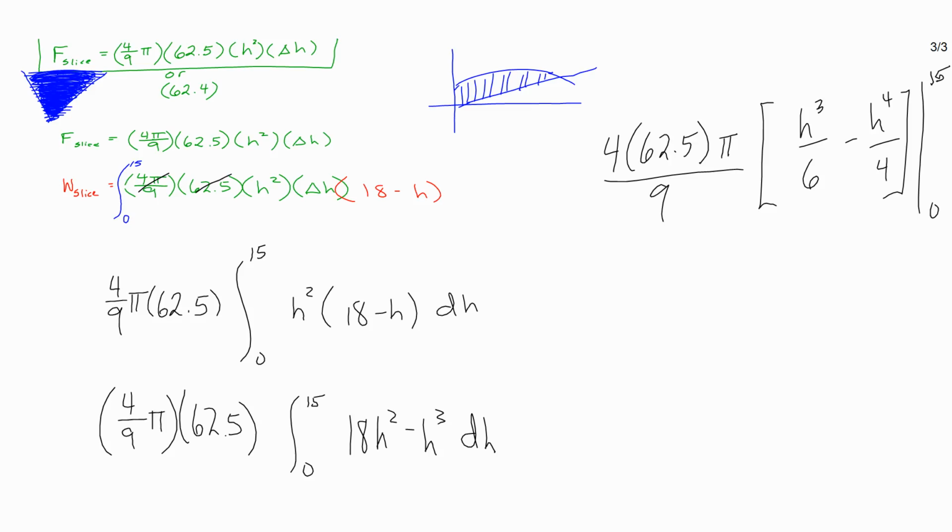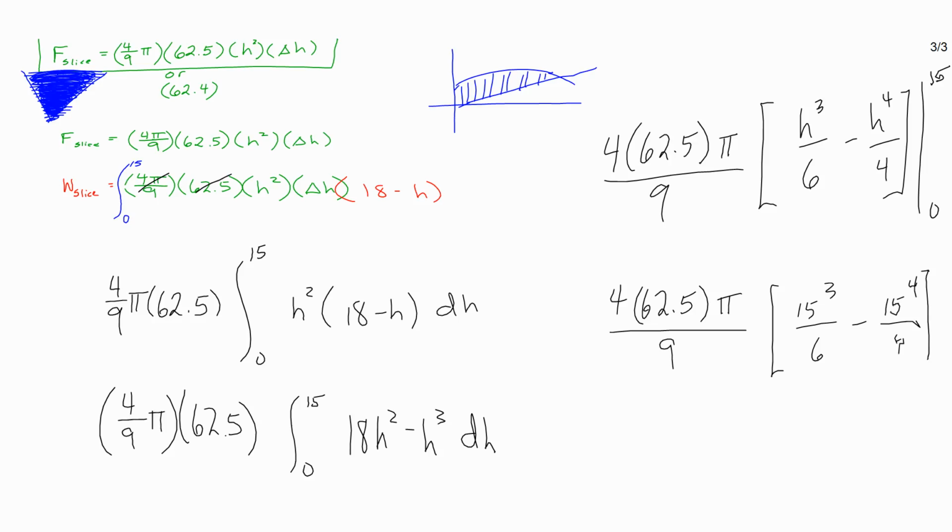And that'll be 4 times 62.5 pi over 9, times 15 to the third power over 6, minus 15 to the fourth power over 4.